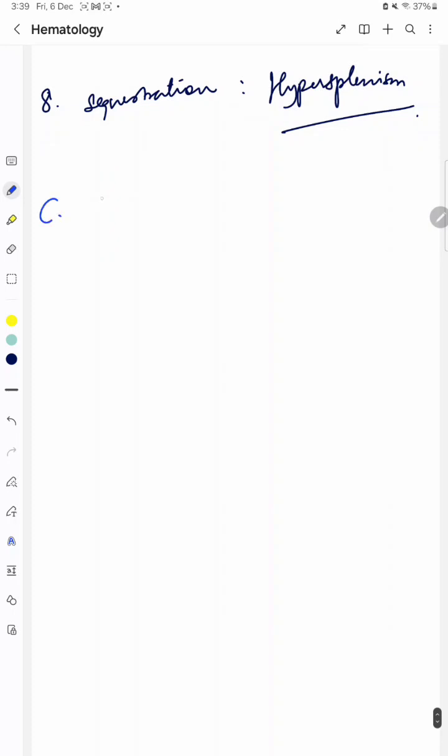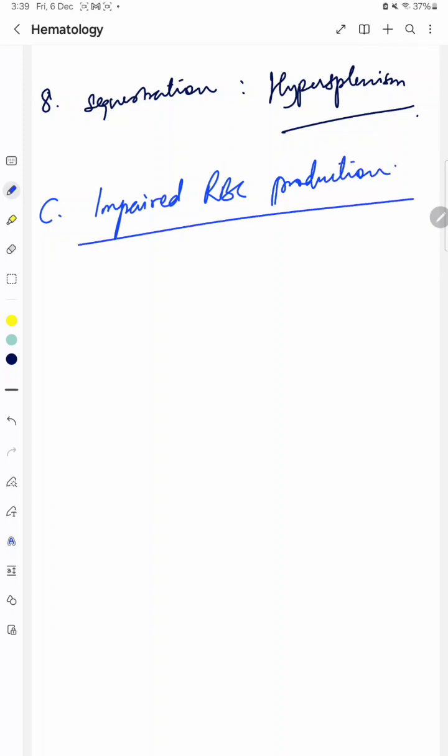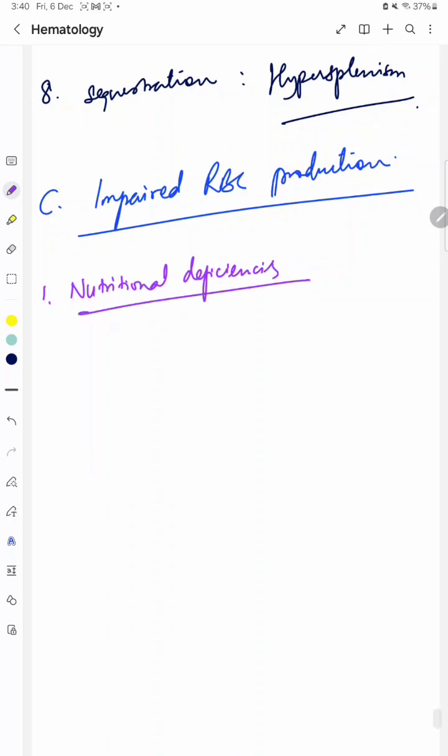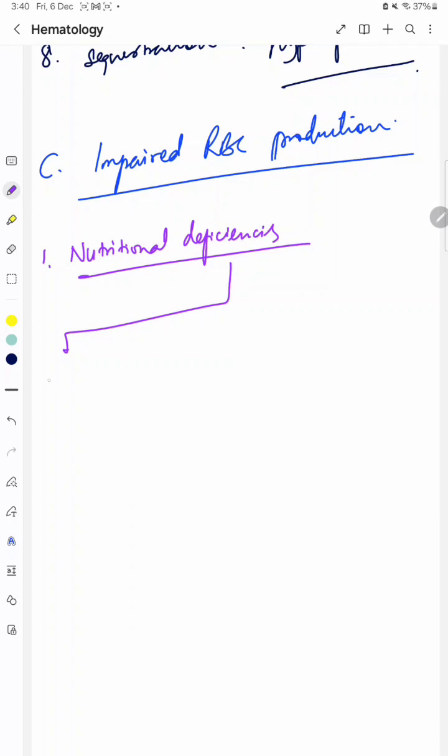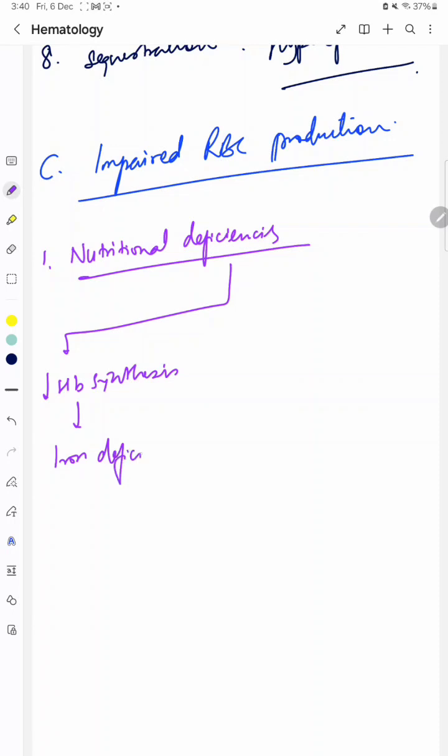Now we will discuss the last category of anemia, which is known as impaired RBC production. We have discussed the blood loss and increased RBC destruction. Now we'll discuss the third category, impaired RBC production. Nutritional deficiencies result in decreased hemoglobin synthesis: iron deficiency.